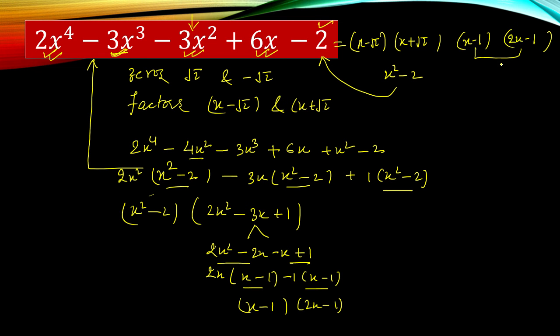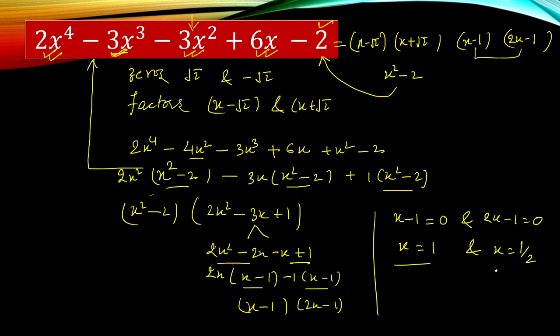We got the remaining factors, but our task is not factors, our task is the remaining zeros. So how can we get the zeros? Equate both factors to 0. Now the first zero must be 1 and the second zero must be 1 by 2.